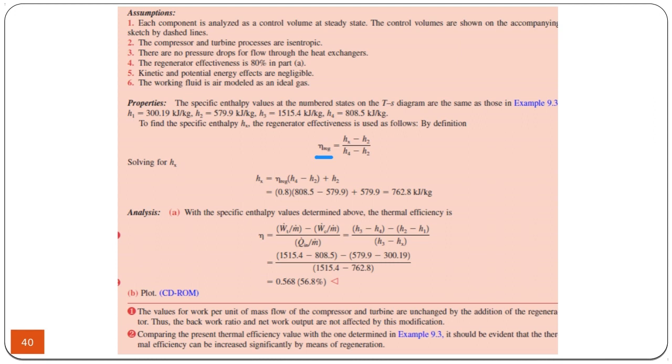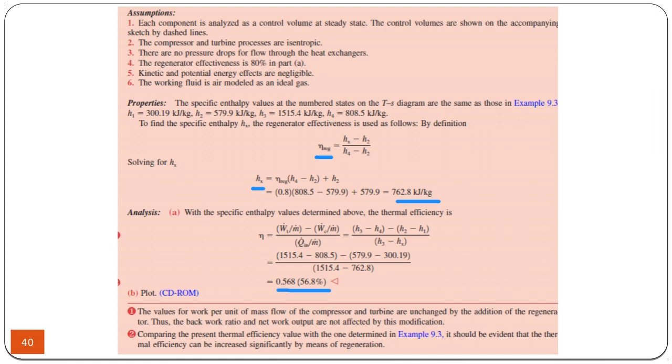So enthalpy at the exit of the regenerator is 762 kilojoules per kilogram. This is because of the using of the waste heat. So by this increased Hx, now we can calculate the new efficiency of the system. And new efficiency of the system is found to be 58%, which is much higher than the previous one.